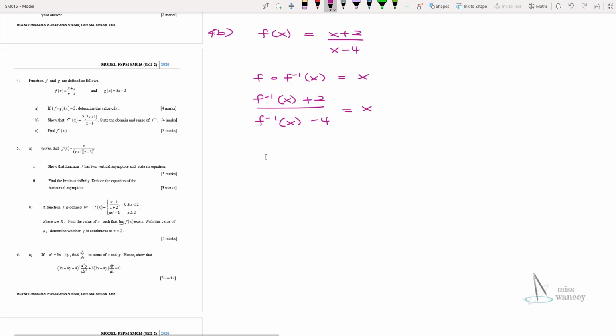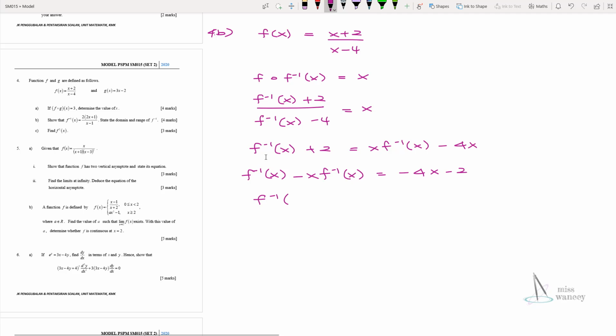So bring it to the right hand side. So f inverse of x plus 2 equal to x times (f inverse of x minus 4). So let me bring the f inverse to the left. So f inverse of x minus x times f inverse of x, so this is negative 4x minus 2.